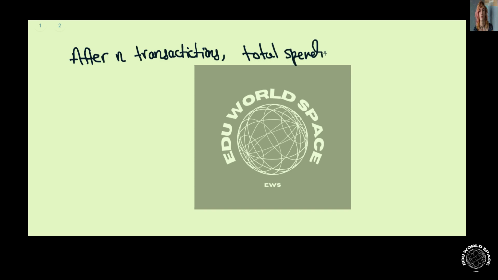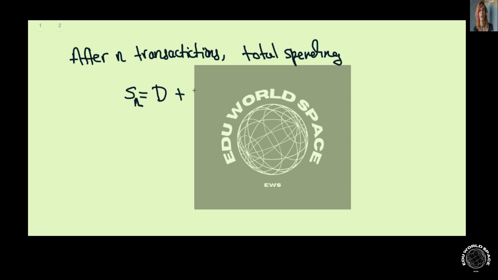So going on to the next page, after N transactions, the total spending is given by, let's denote this by SN, so the sum, so the total spending, and the N is for the transactions.